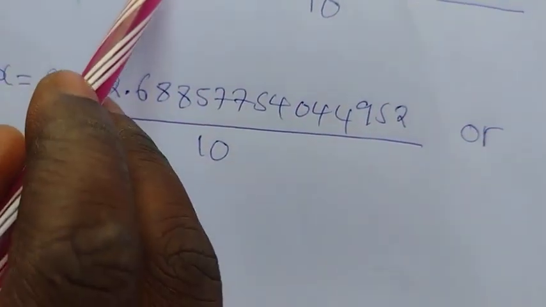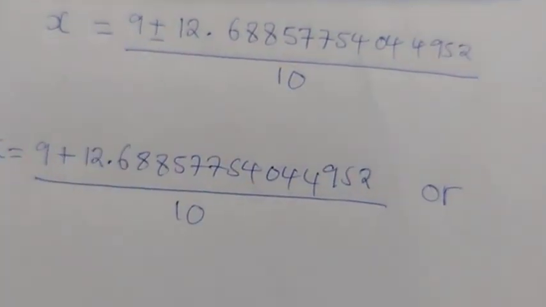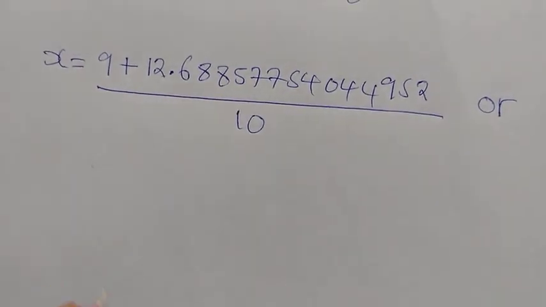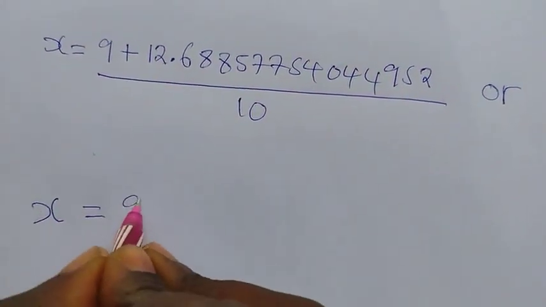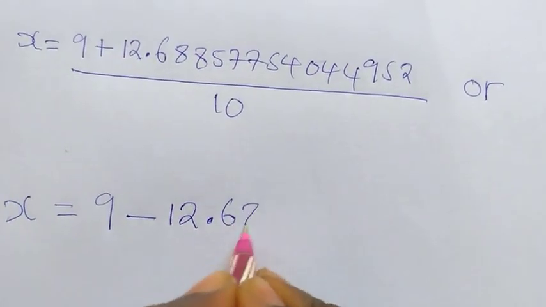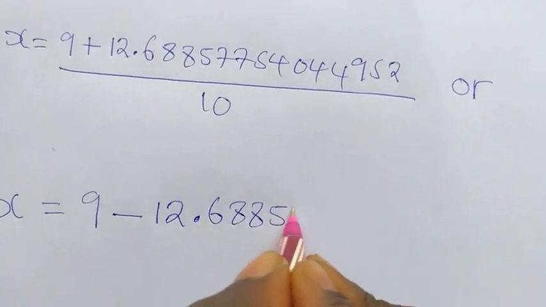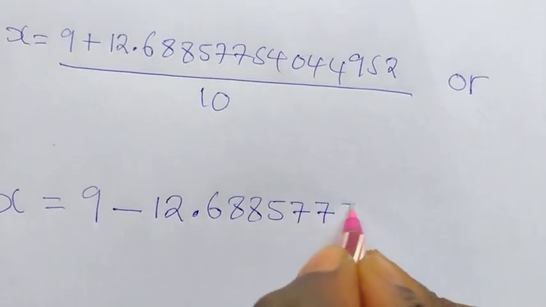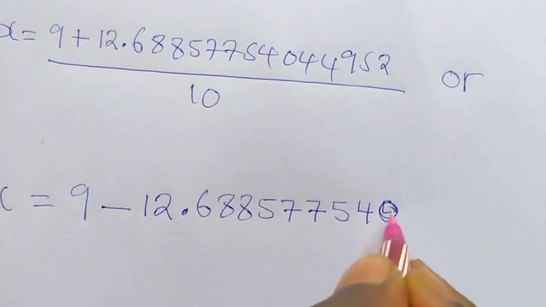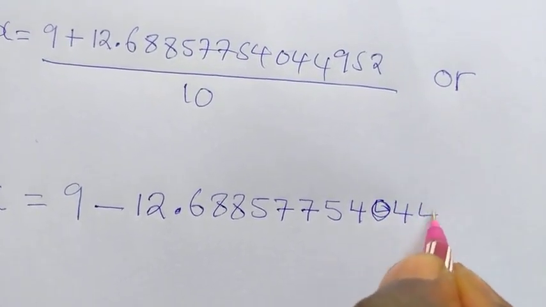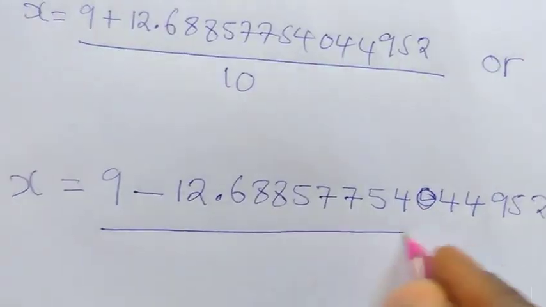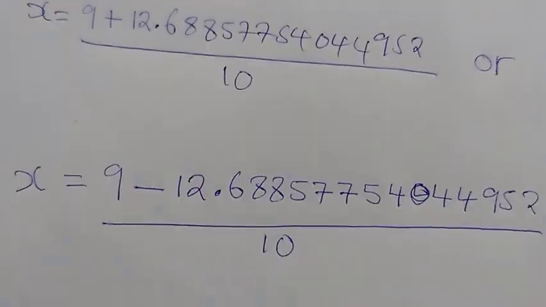Or, remember, I've gotten a positive value, I'm remaining with a negative value, where you're going to say x equal to 9 minus the same number, 044952, okay, over 10.